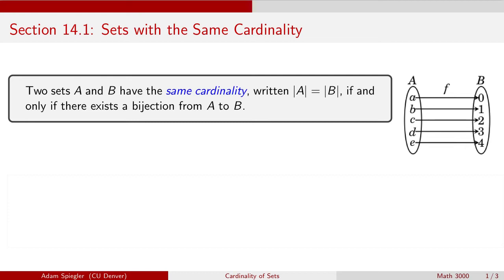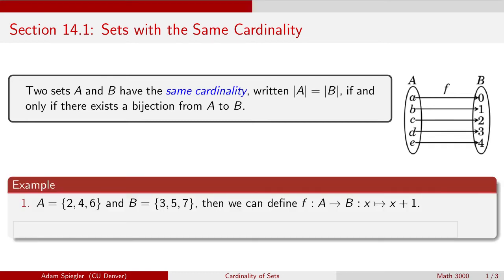So let's take a look at some examples below. First of all, let's consider the set A, which has 2, 4, and 6, 3 elements, and set B also has 3 elements. So we don't need a fancy definition to say, yeah, A and B both have 3 elements, so they have the same cardinality.